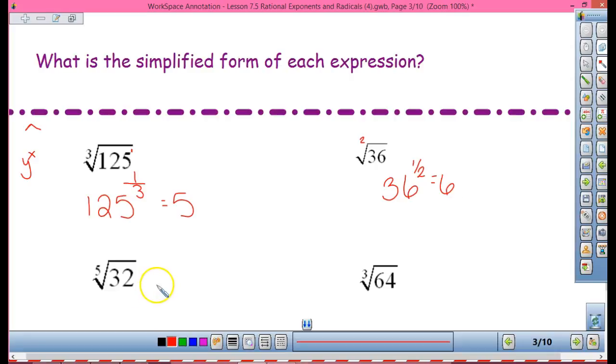Okay, this one is 32 to the 1/5, which gives me 2, good. And 64 to the 1/3, which is 4. Okay. Questions about where we are coming up with those numbers? Okay. Use those formulas.